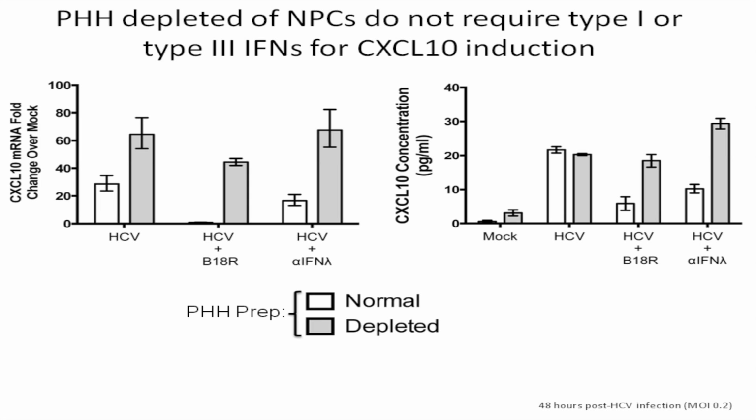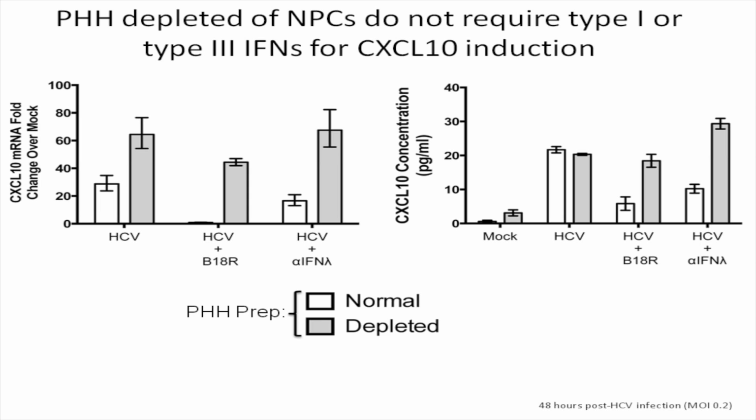But when you look at the depleted preparation, the first thing you notice, if you take away the non-parenchymal cells, which contribute interferon, is that you see higher CXCL10 induction. And there's really no effect of neutralizing type 1 or type 3 interferons. That's true at the RNA level and at the protein level.